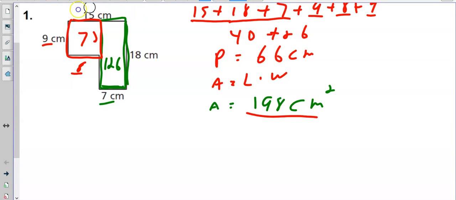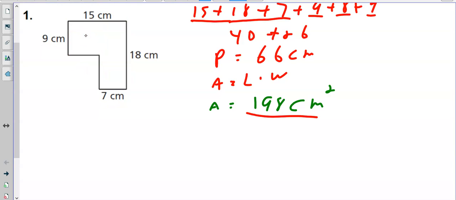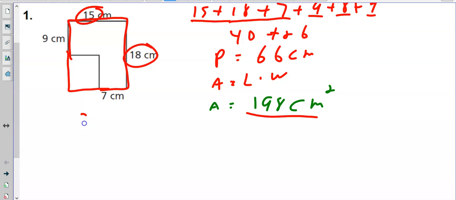And last but not least, again, everybody looks at things differently. There's also the idea of looking at this as a big box right here. And this box is 18 by 15. Which means the whole box, if you multiply 15 times 18, you get 270.